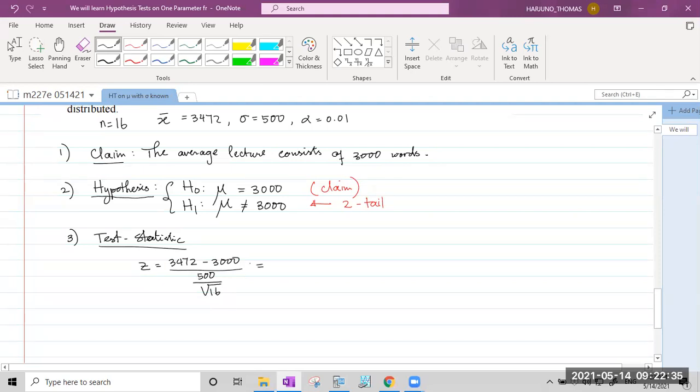So suppose this mean of 3,000 is true, how far is our sample away from that 3,000 in the sense of standard error? Now we will compute that.